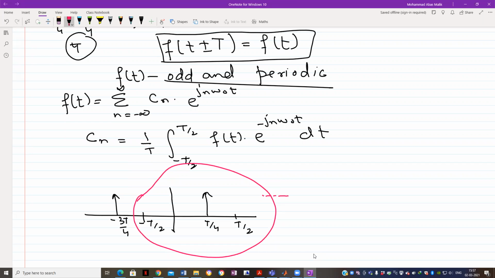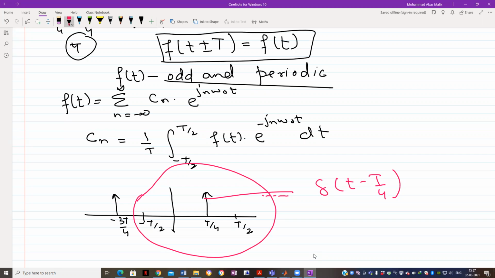Are you getting my point? Okay, so can I say this delta is nothing but delta of t minus T by 4, a delayed delta? We have shifted this towards the right. That's called a delay. So this delta of t is delayed by capital T by 4.